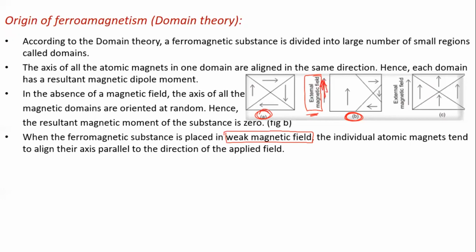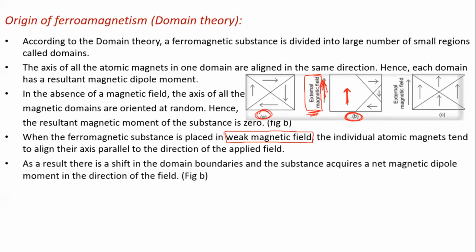Then individual atomic magnets tend to align their axes parallel to the direction of the magnetic field. So the maximum number of atomic magnets align their dipole moments in the direction of the magnetic field. As this is a weak magnetic field, the majority align in the direction of the weak magnetic field.